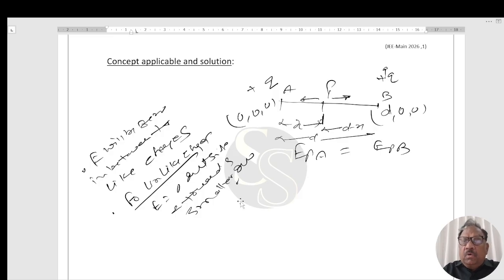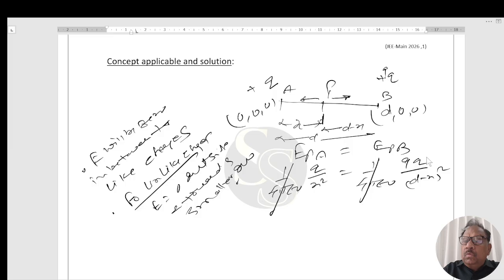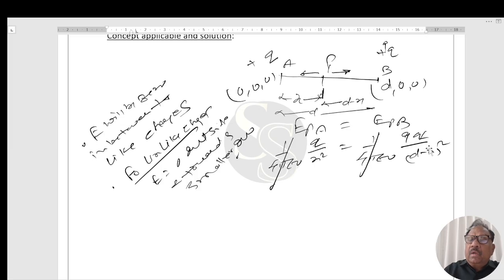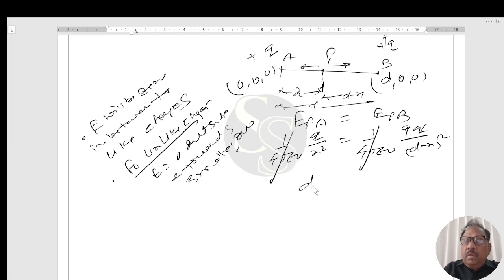Electric field due to a point charge equals 1 over 4 pi epsilon naught, Q upon r square. So 1 over 4 pi epsilon naught, Q upon X square equals 1 over 4 pi epsilon naught, 9Q upon (D minus X) whole square. Q cancelled out. Then (D minus X) whole square upon X square comes out to be 9.